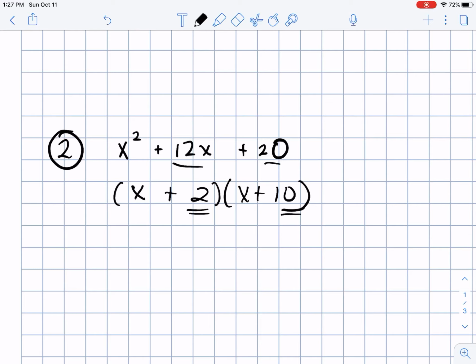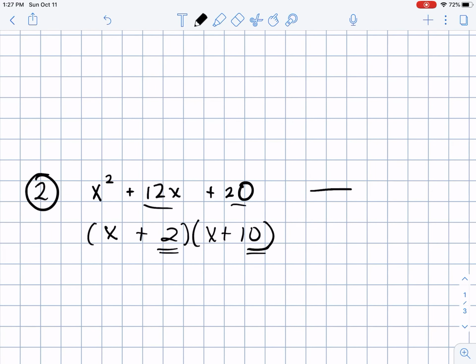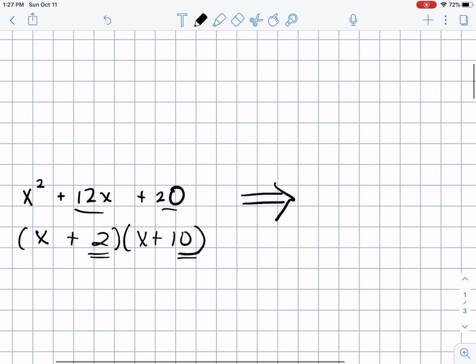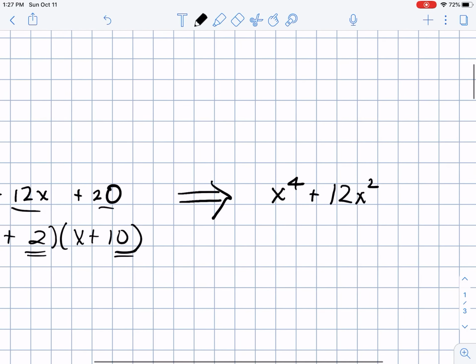Voila, we like it. It's good. But could we do something that's sort of similar? What if we had x to the fourth plus 12x squared plus 20? Could we use this same idea?